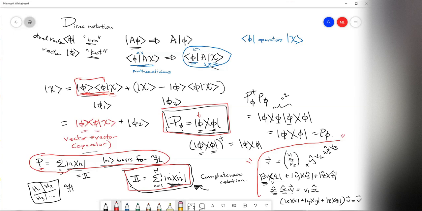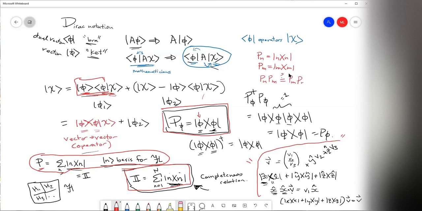You can go back to those properties of projectors in order to convince yourself that it's working. You can start doing things like proving properties. You can say you have your Pn and your Pm, and this would be m, and this would be n.